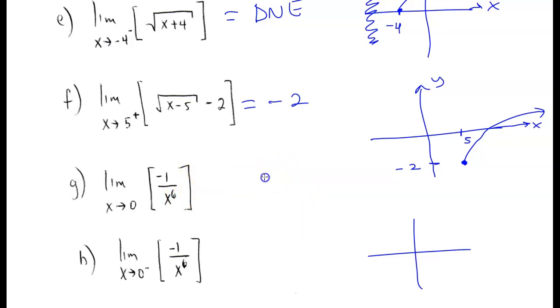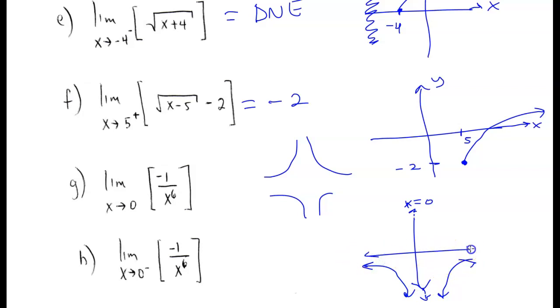And 1 over x squared looks like this, but since it's negative, it's actually going to go down and look more like that. So our graph here, we're going to have a vertical asymptote at x equals 0. And our graph's just going to basically look like this. And here we also have a horizontal asymptote at y equals 0 here.